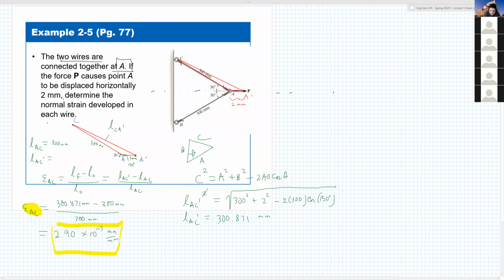Hopefully you guys saw that, right? So this should be a 300 times 2. Good catch, Luke. Yeah, so there is a 2 there, because the 2 is for the law of cosines, but then the 2 is for the distance too. Good catch. So now what do you get?